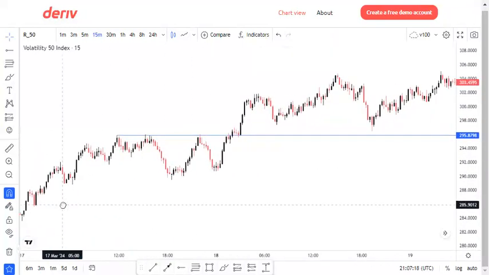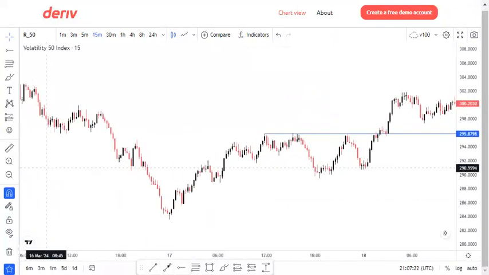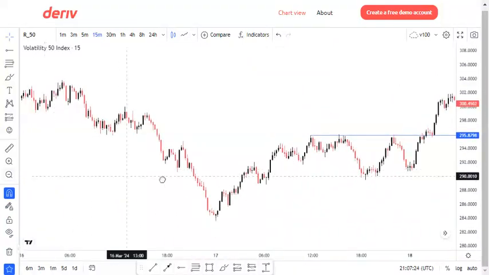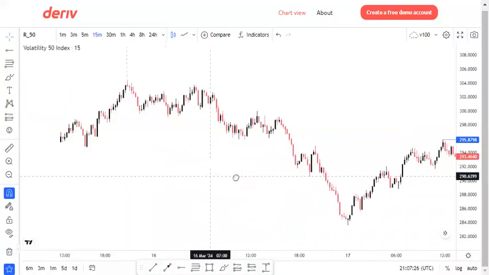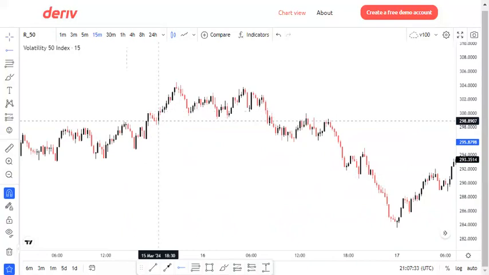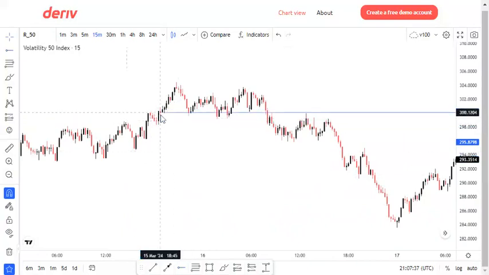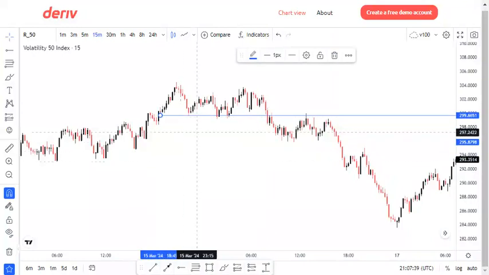A good example of a ranging market can be the same as you can see from this point right here. You see the market is forming highs which are equal.